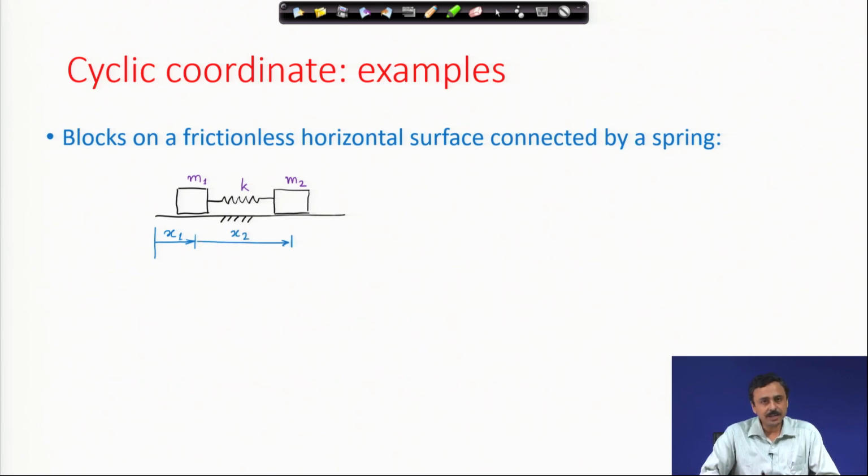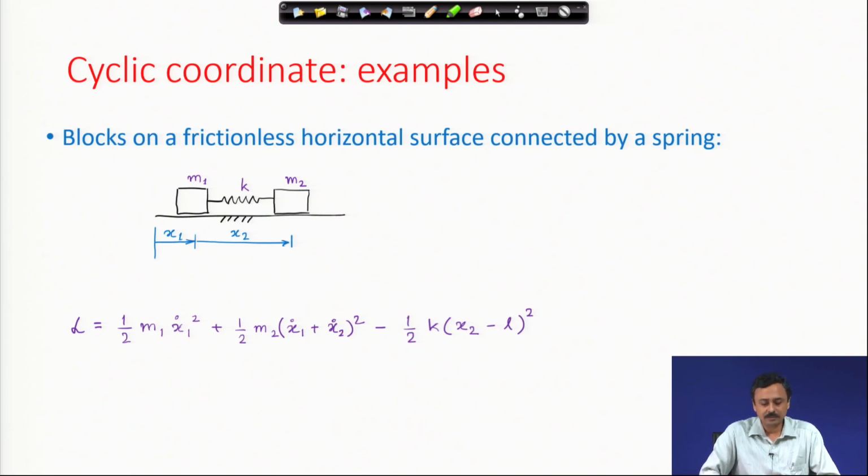Let us look at the same system, but now the coordinatization scheme is different. I mark the location of m1 from a certain datum, the origin, as x1, and x2 is the coordinate of m2 with respect to m1. Now, I write down the Lagrangian once again, it should be straightforward for you to see how to write it.